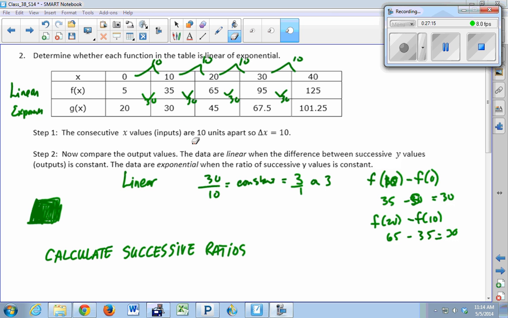What did you notice with the exponential function? Someone else want to tell me what you noticed? Well, first of all, why isn't it linear? Amy? Were you starting to talk? Okay. Well, what told you to do the ratio first?